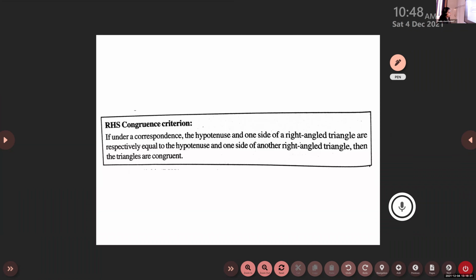Yes, RHS congruence. Hannah, read it. RHS congruence criteria, if under a correspondence the hypotenuse and one side of the right angle triangle are respectively equal to the hypotenuse and one side of the other right angle triangle, then the triangles are congruent.